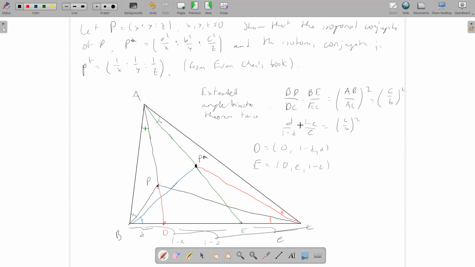And so you do D equals 0, Y, Z as before. Then Y over Z equals 1 minus D over D, which equals 1 minus E over E times B over C squared.